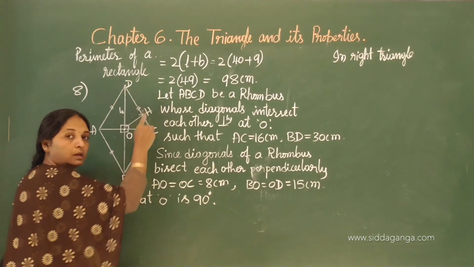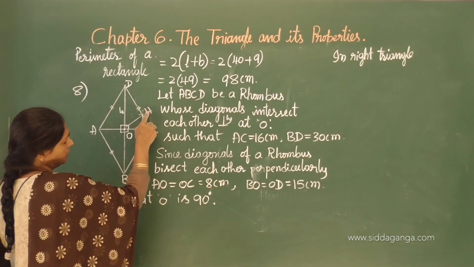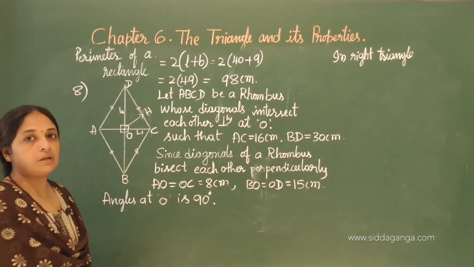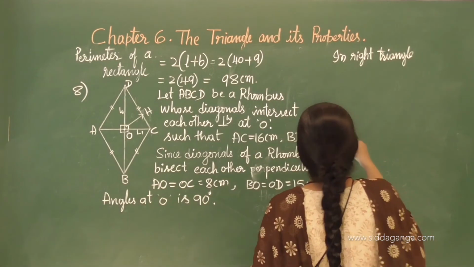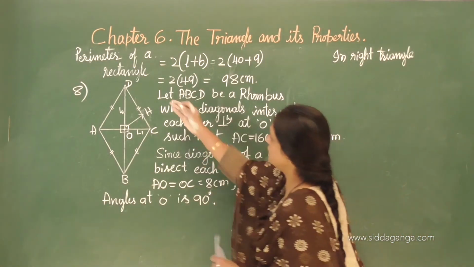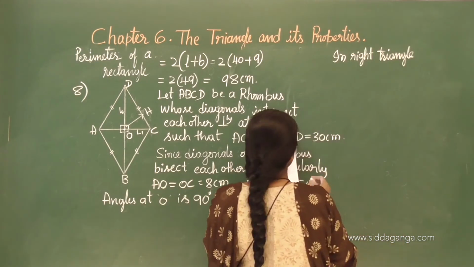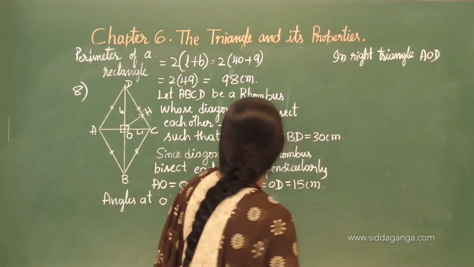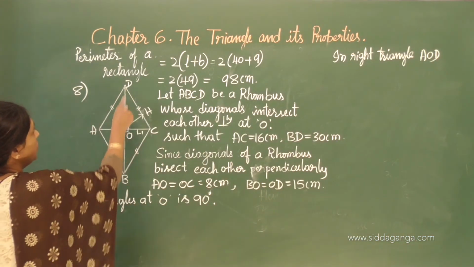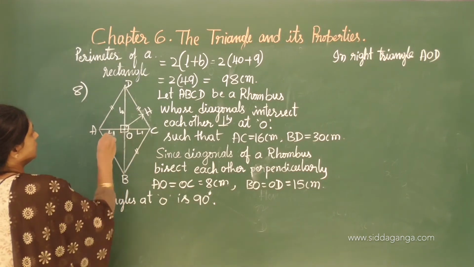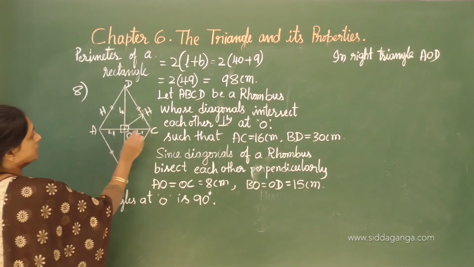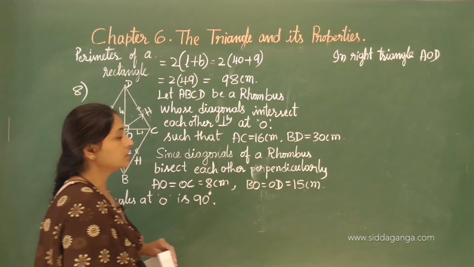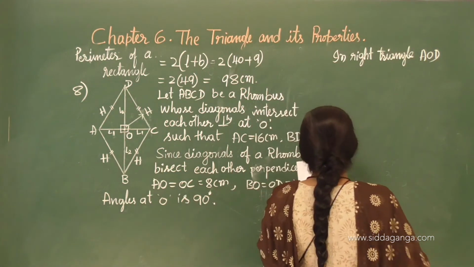If we find the length of the side, then all the sides are equal in a rhombus, then we can find the perimeter of this rhombus. In a right triangle, consider triangle AOD. Here L1, L2, and this is H. So take any right triangle here.